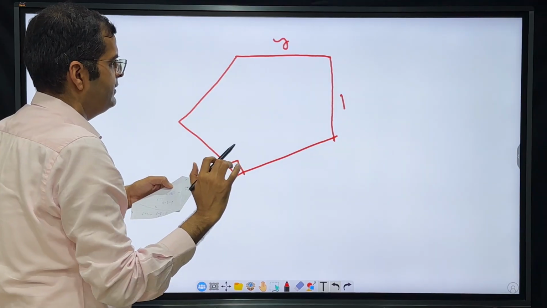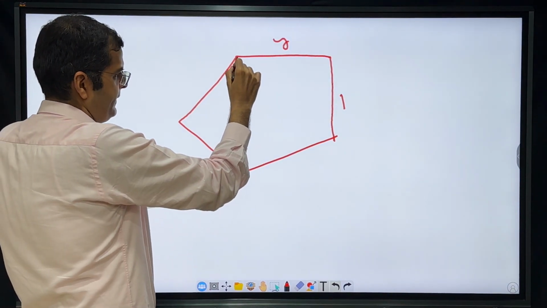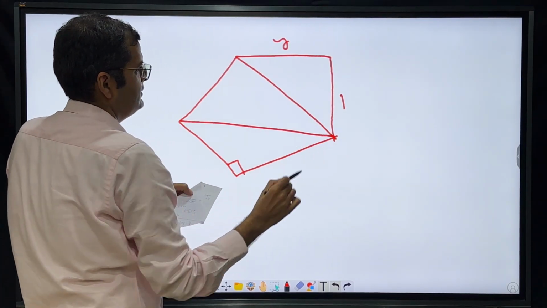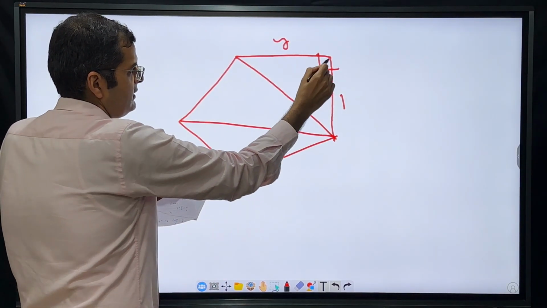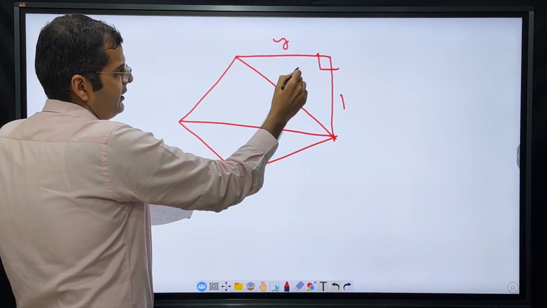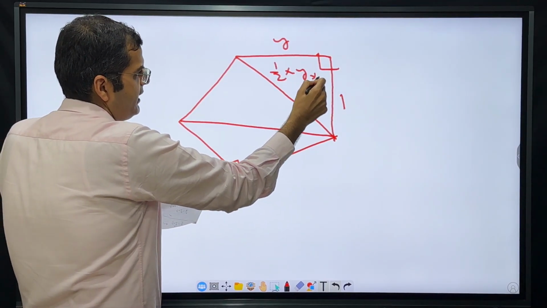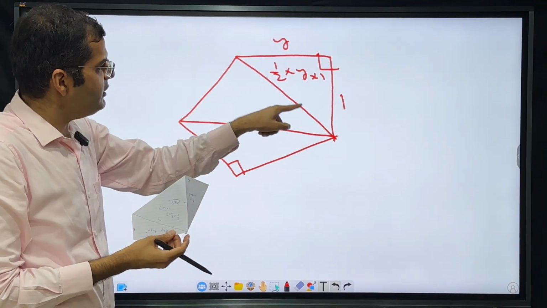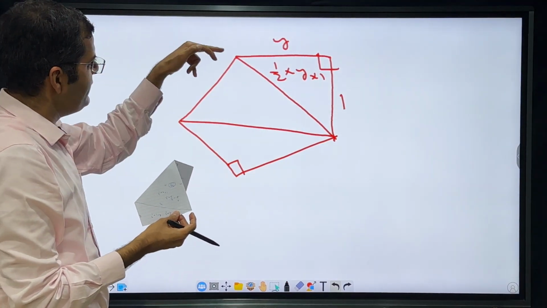This is the pentagon. In this pentagon I am dividing it like this and this. So the area of this triangle will be half into y into 1.